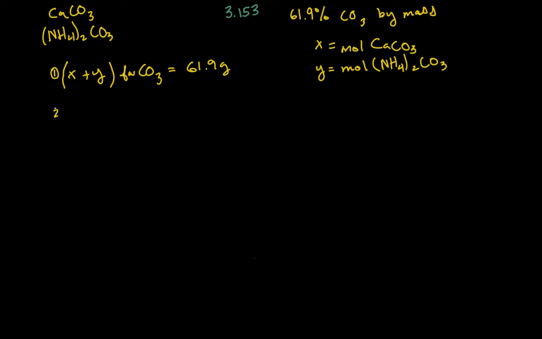And then once we have that, we're going to substitute it into a similar expression to the ones we've been working with already, which is X times the formula weight of calcium plus Y times 2 times the formula weight of ammonium, because there are 2 of those per mole of ammonium carbonate, and this is going to be equal to the remainder from the 100: 38.1 grams.